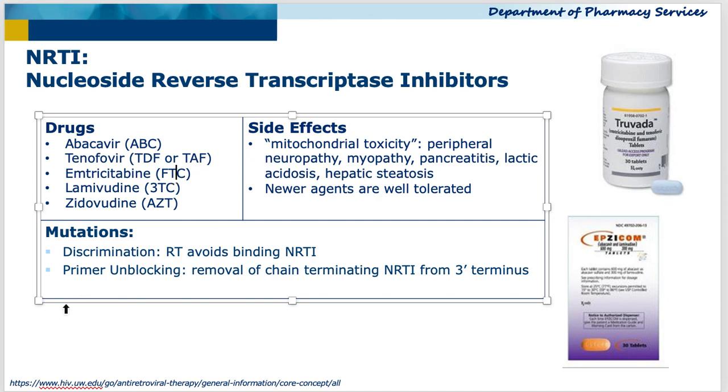So discrimination: reverse transcriptase essentially avoids binding the NRTI, so it's able to distinguish that, hey, this is kind of a bad guy, I shouldn't be binding him. Or there's primer unblocking, which is removal of the chain-terminating NRTI from the terminus. So there are actual mechanisms of excision of the NRTI, and then once it's excised out, transcription can proceed as regular.